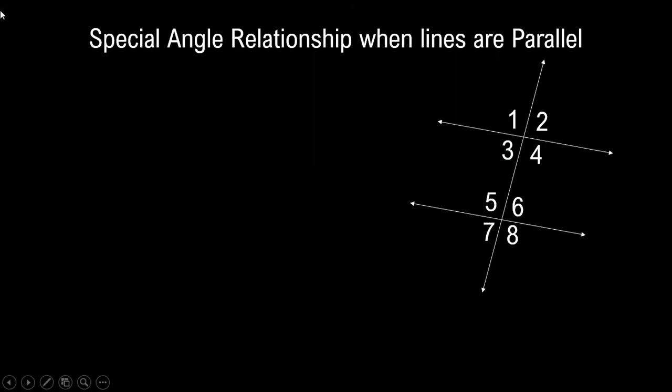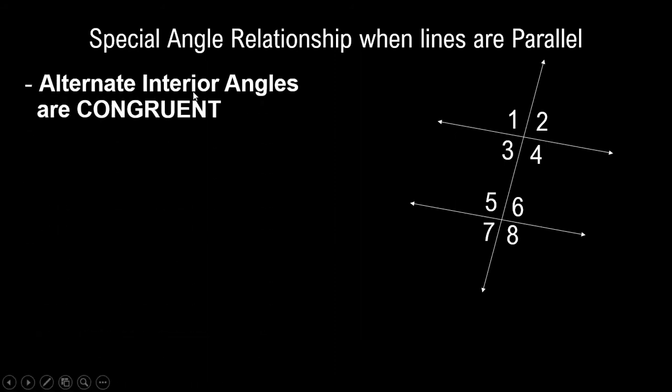Okay, now let's talk about the special angle relationships when lines are parallel. The first one is that alternate interior angles are congruent. Let us have an example here: angle 3 and angle 6.